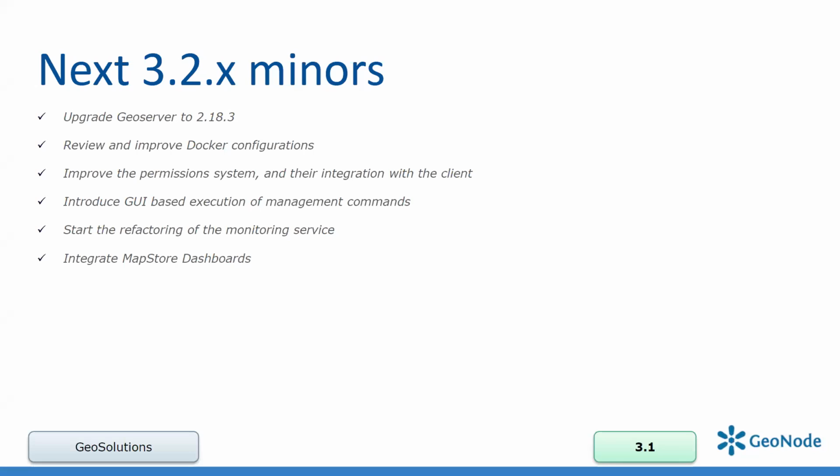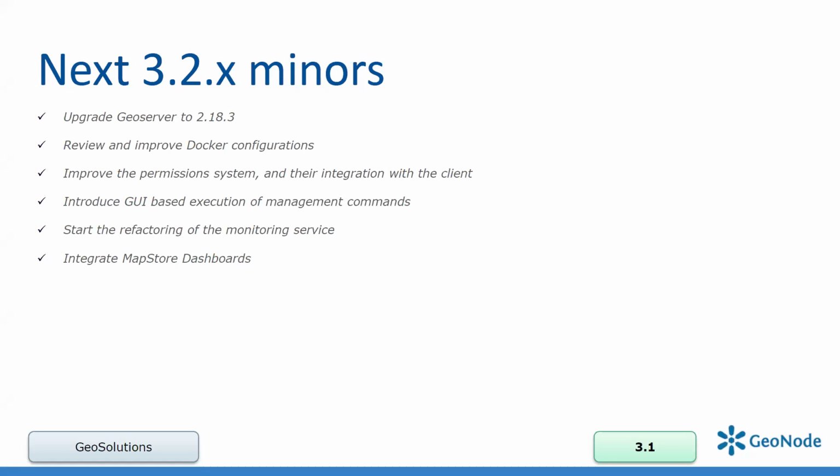For example, when the system is in read-only mode, during the backup and restore, we can activate the read-only mode configuration so that nobody should be able to write on the DB. And in this case, the permissions system should disable any action that can change the DB. We have started with a pull request where we introduce the permission to create the resources, but it will be improved along the way.